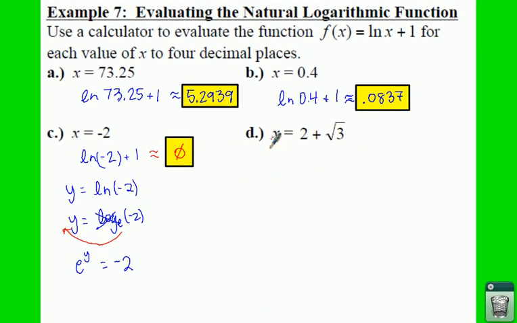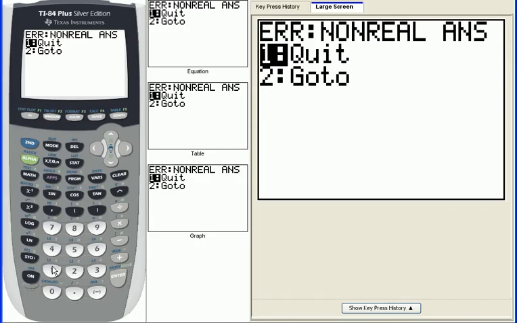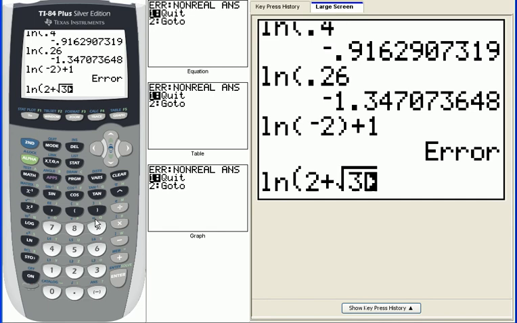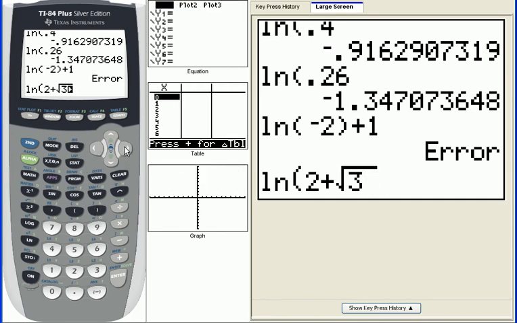Alright, and then you can plug in 2 plus radical 3. Let's go to natural log of 2 plus the square root of 3. Make sure you put the parenthesis on the outside.